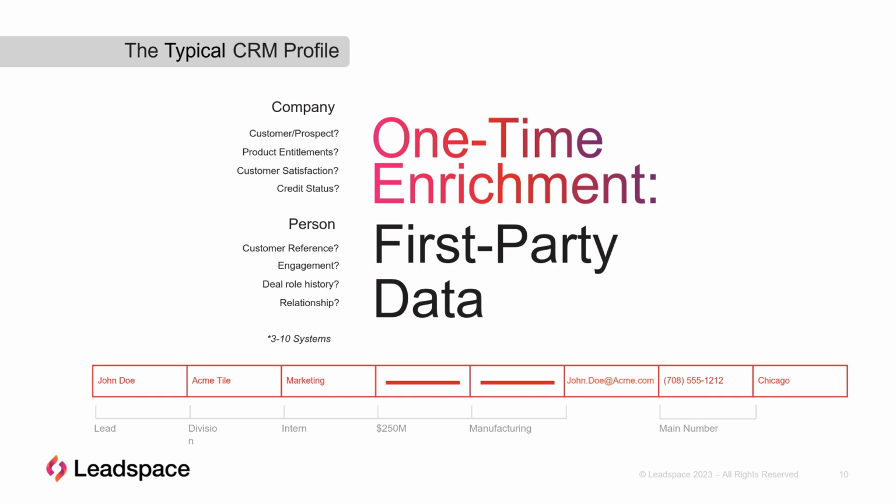Now, the other thing that happens, and this is really interesting because even large companies have these processes. And when we talk about one-time enrichment for first-party data, and the difference, third-party data is data that providers like LeadSpace provide, where we're updating or adding information to data you don't have, or giving you net new companies and contacts, for example, that meet your criteria.